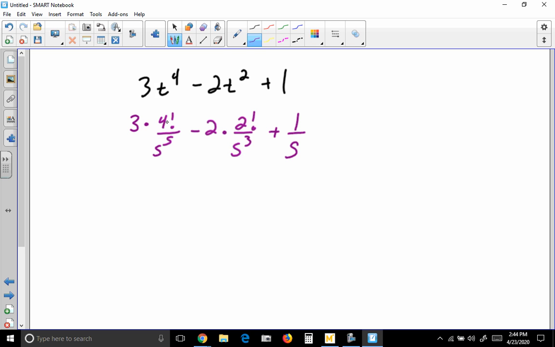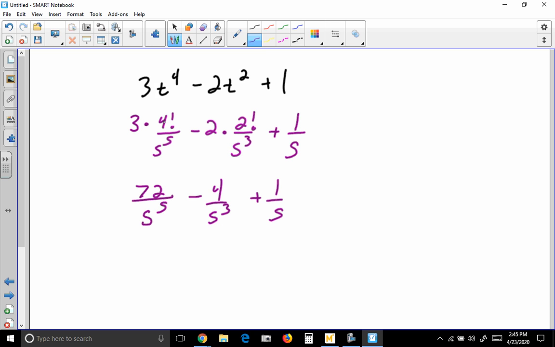So 4 times 3 times 2, that's 24, times 3, that's 72 over s to the 5th. 2 times 1 is 2, times 2 is 4 over s cubed plus 1 over s.